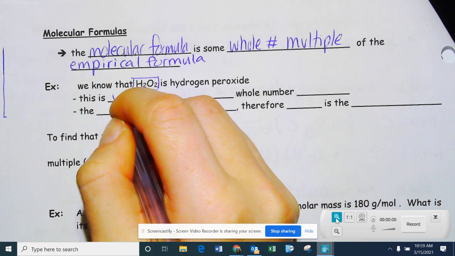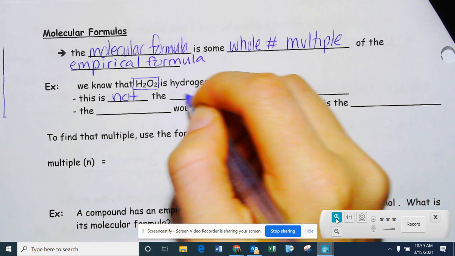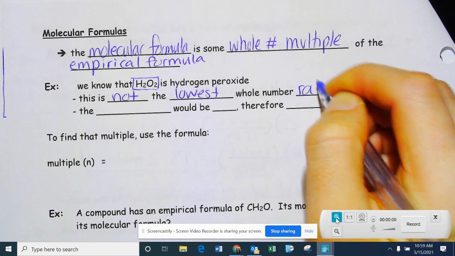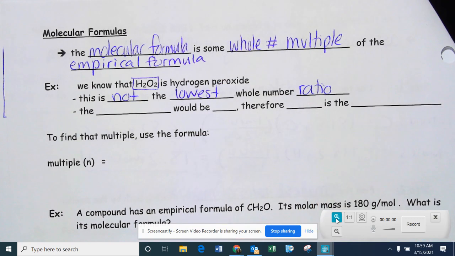But that is actually not the lowest whole number ratio, right? So if we were to find the empirical formula for that, what would it be? Lowest whole number ratio for H2O2. What do you guys think? Yep, HO.